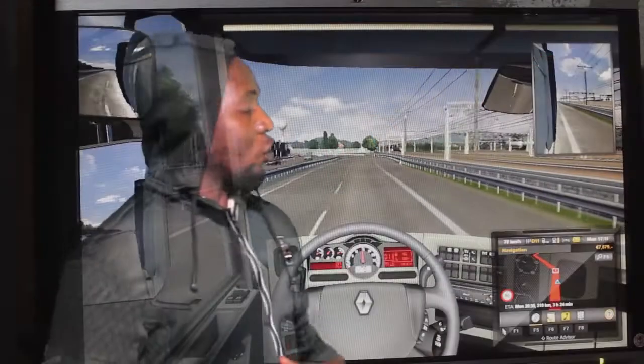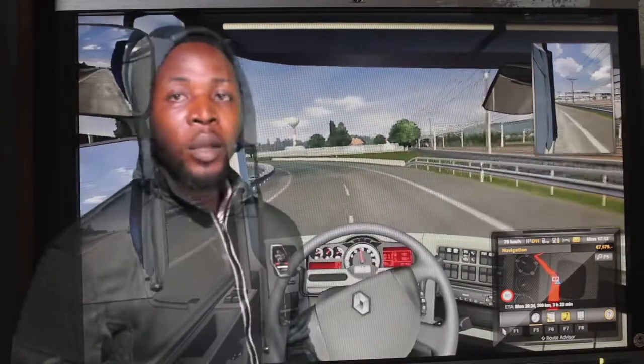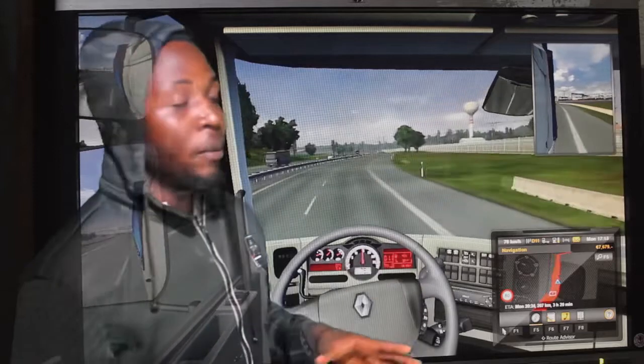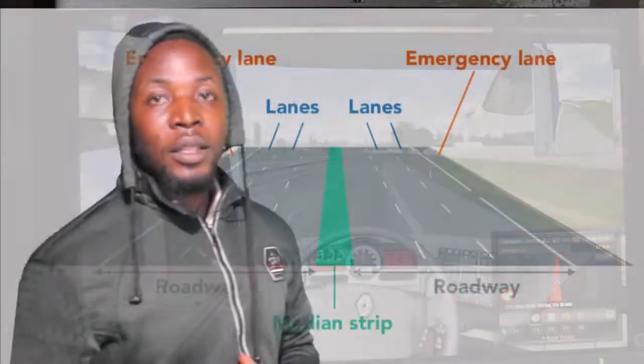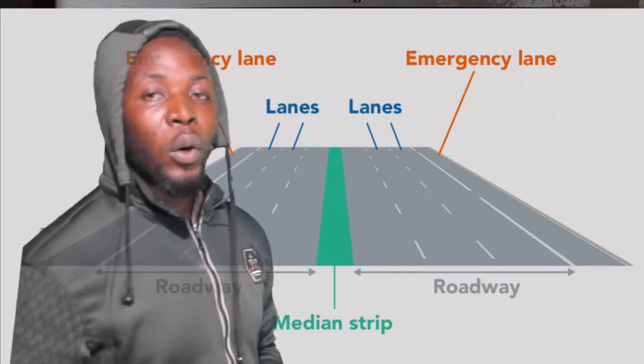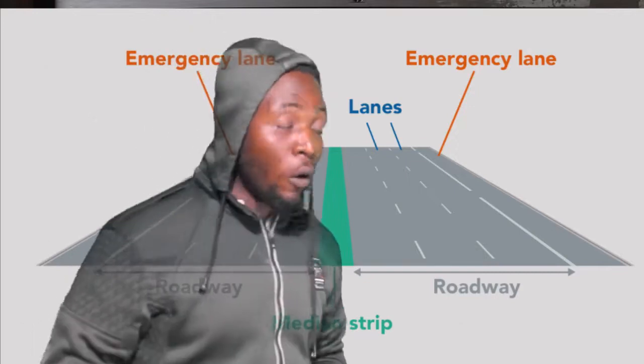So this is the structure of what we call the two-way road. Then you see this middle part that separates both sides. We call it the medial lane, or the medial strip.